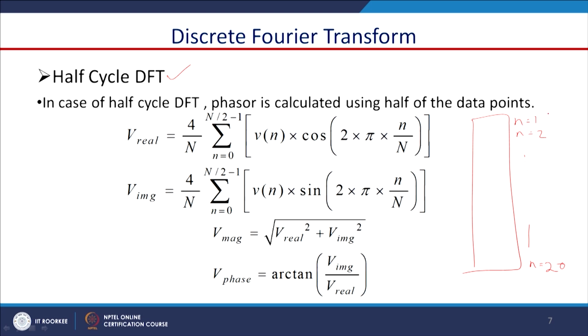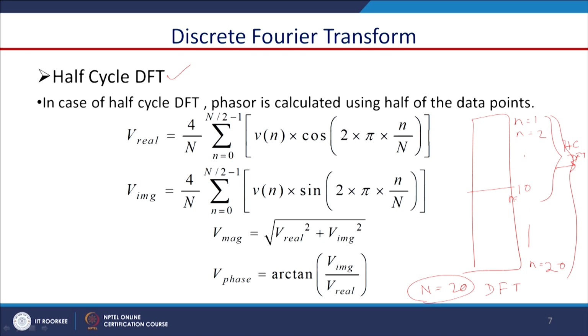So if we take a total of 20 samples, that is capital N equal to 20, and we consider the whole 20 samples and calculate the DFT, then the DFT is known as full cycle DFT. If I take only 10 samples, up to n equal to 10, then in that case the DFT is known as half cycle DFT. That is what is mentioned here.